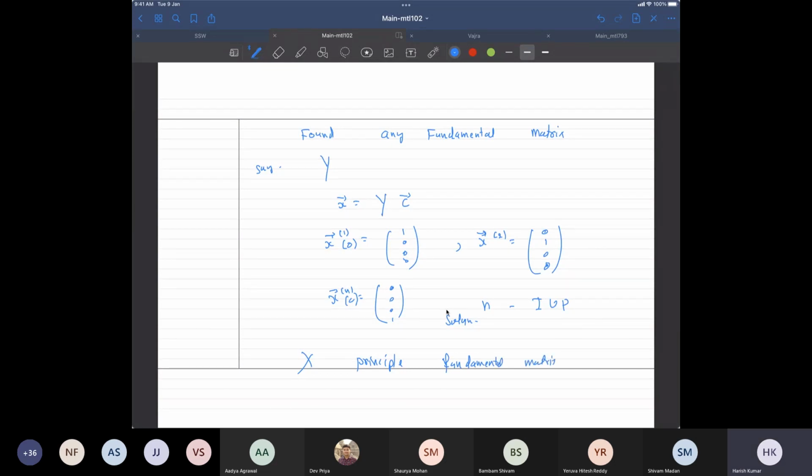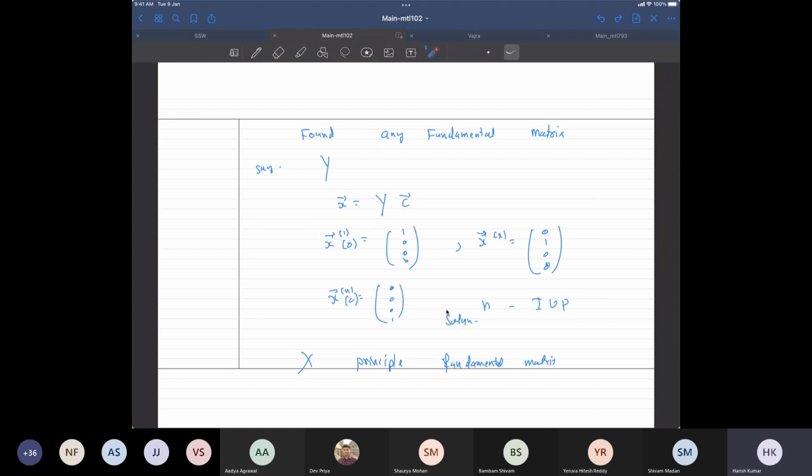Note that it's enough if you find one fundamental matrix, because after that you have to just solve this n linear system, which is effectively finding Y inverse. So you see that once you know Y inverse, it becomes trivial to find this C. You just multiply this with this side of the vector.